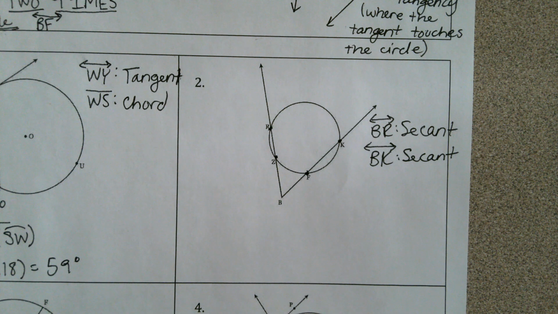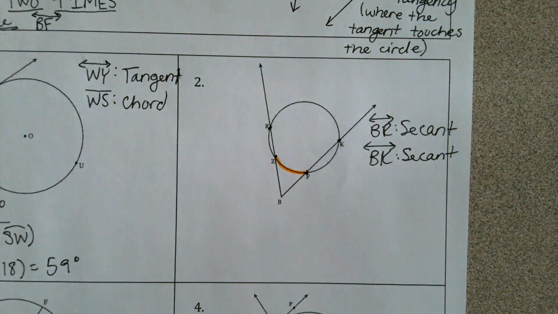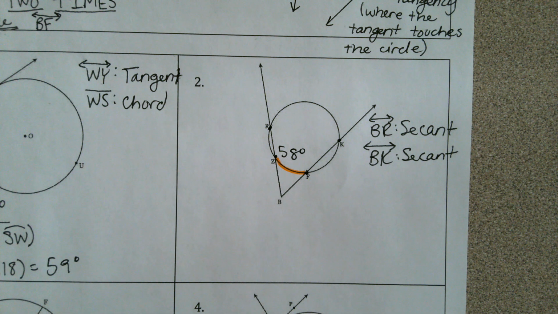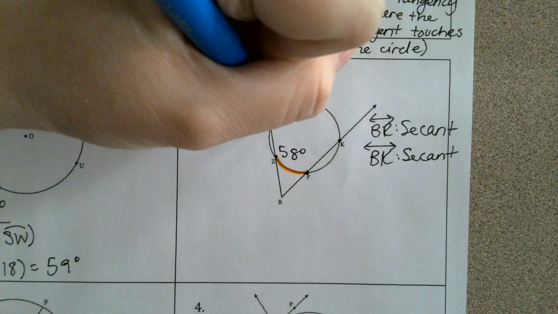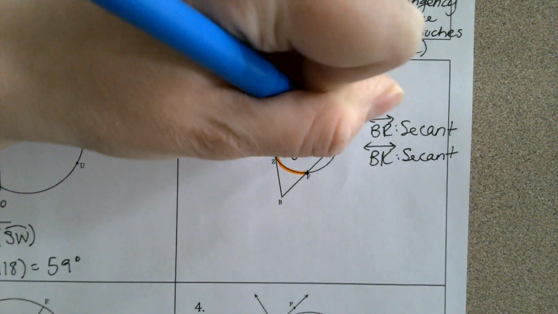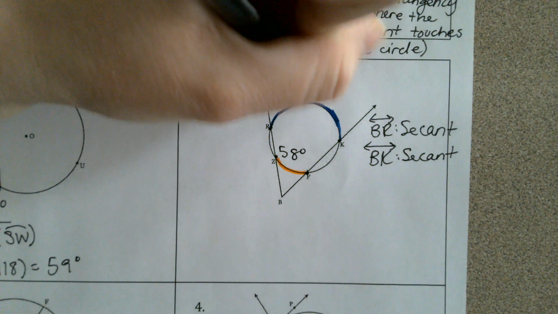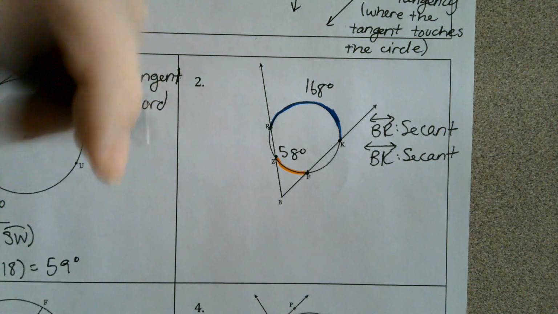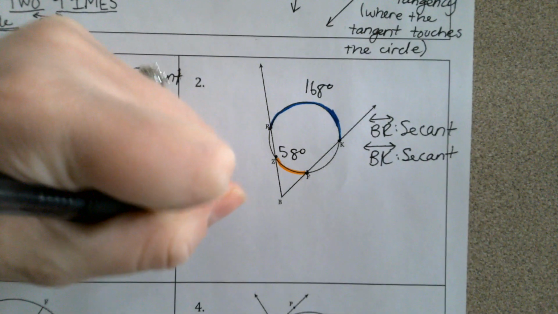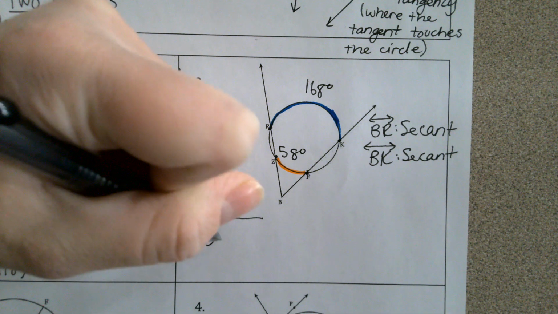And again, I need to give you some information. So ZF is 58 degrees. And RK is 168 degrees. So we're looking for angle B. So let's use our formula that we just discussed.